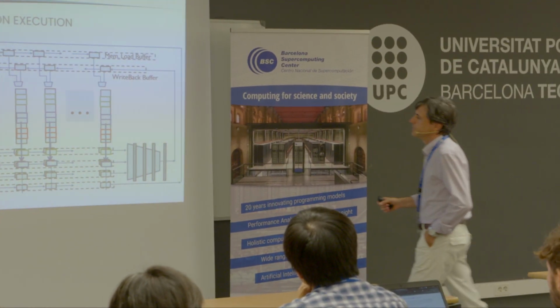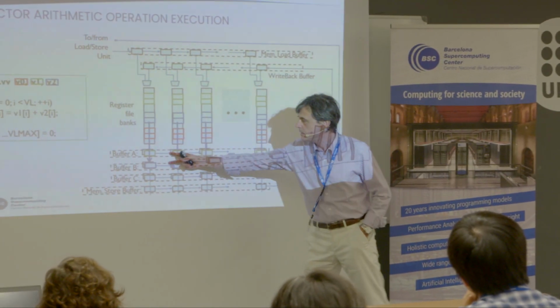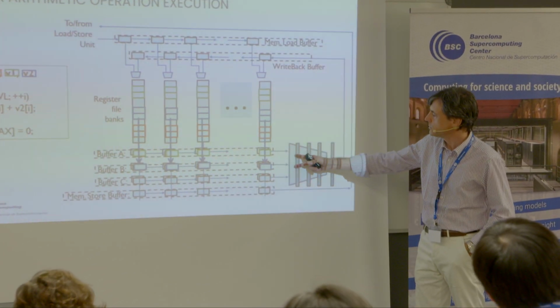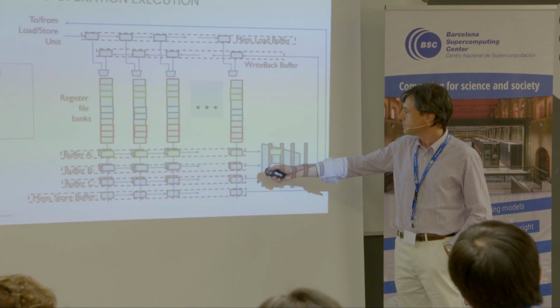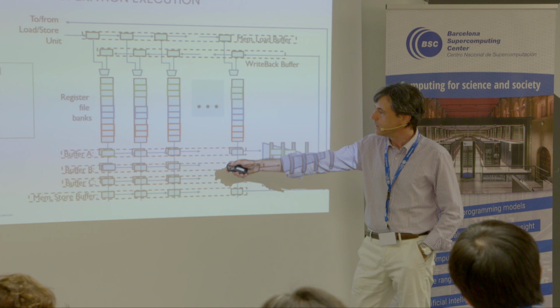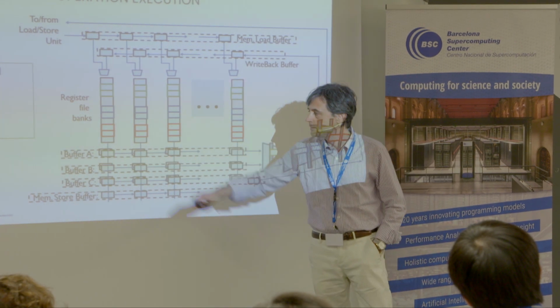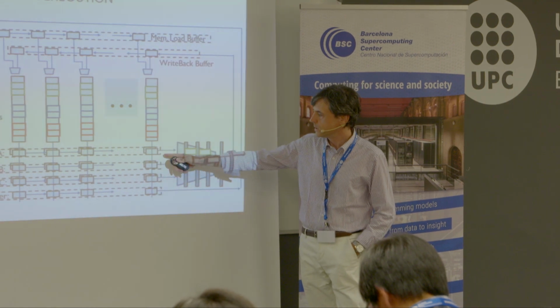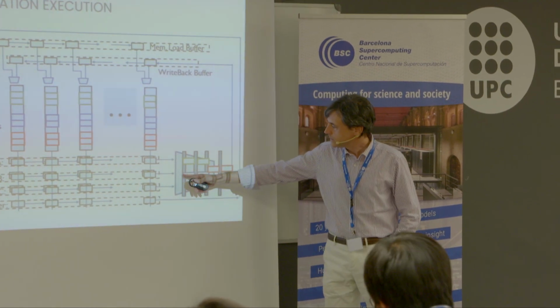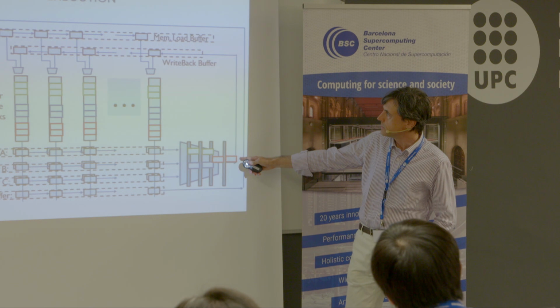And then we have this queue of input operands ready to be executed by the pipelined functional unit. So we go on consuming the elements that are contained in the input buffers, and accordingly we go on producing the results.